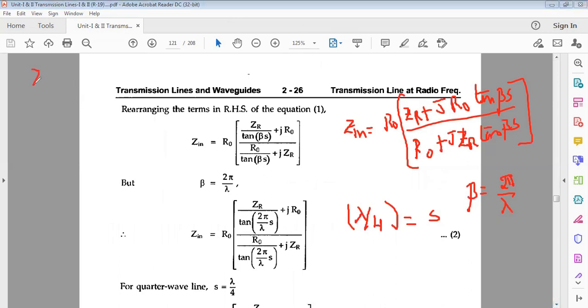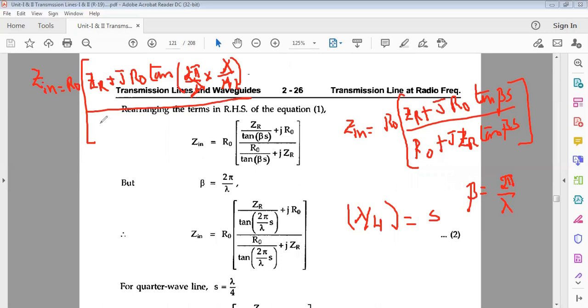Zin is equal to R0 multiplying with ZR plus J into R0 tan, what is the value now? The beta is 2 pi by lambda into lambda by 4. So lambda gets cancelled and it is pi by 2.